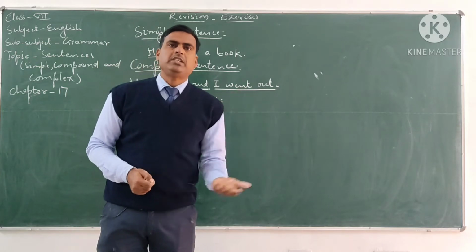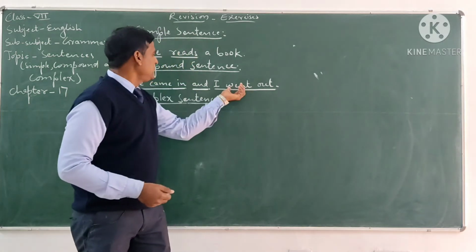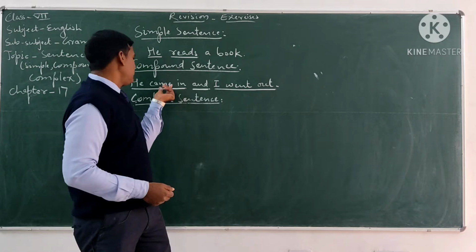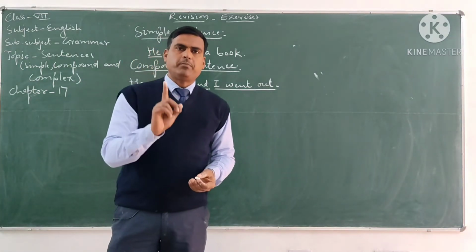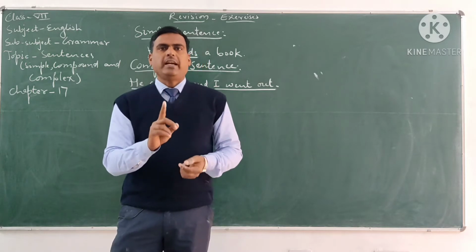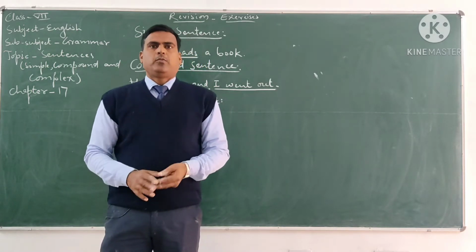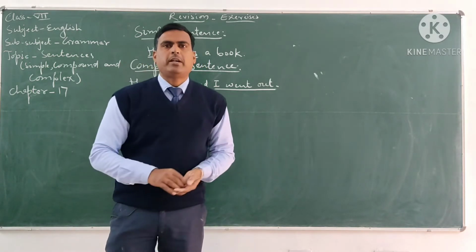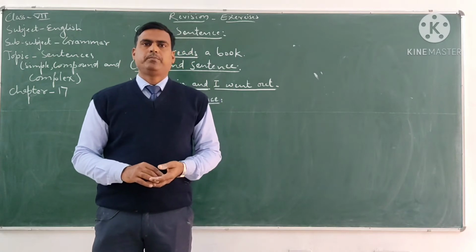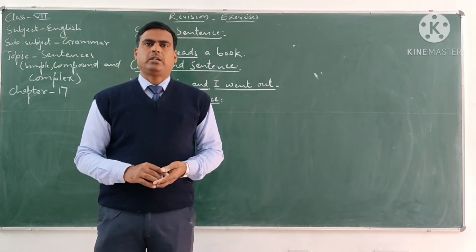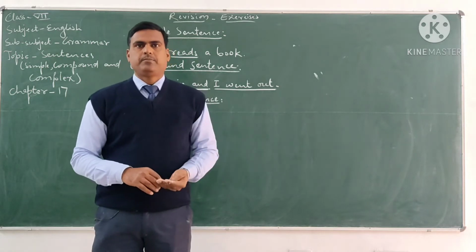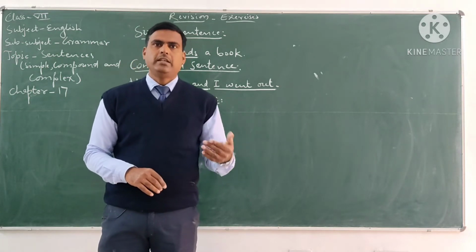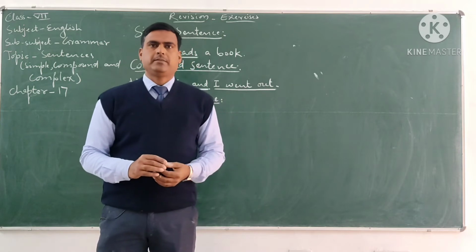They can be used independently. But in complex sentences, there is one principal clause, and there may be one or more than one subordinating clauses, or we can say dependent clauses.